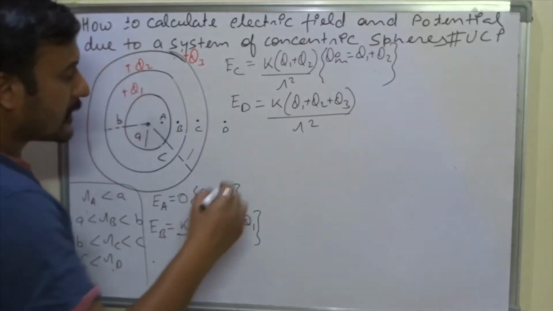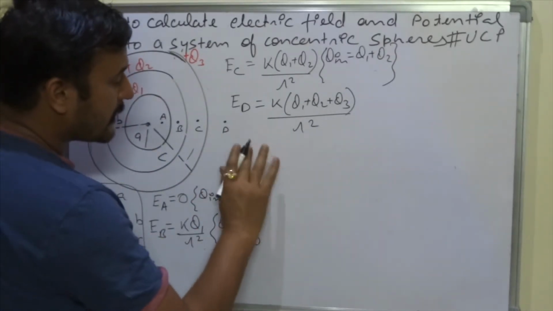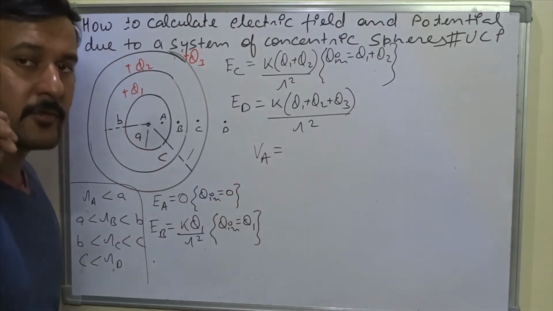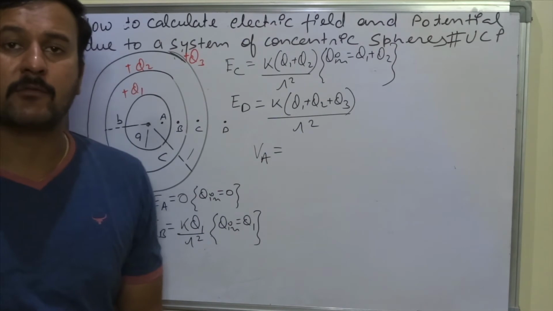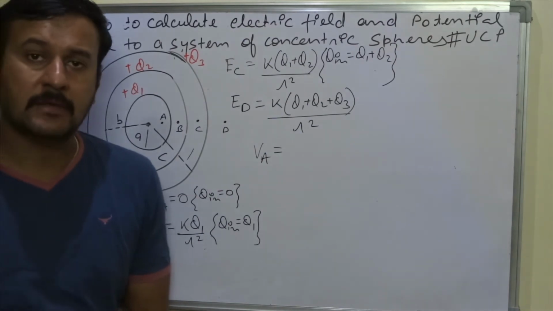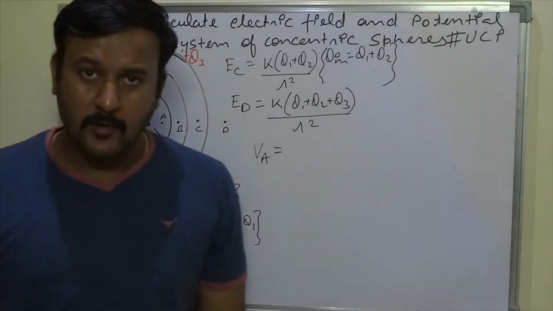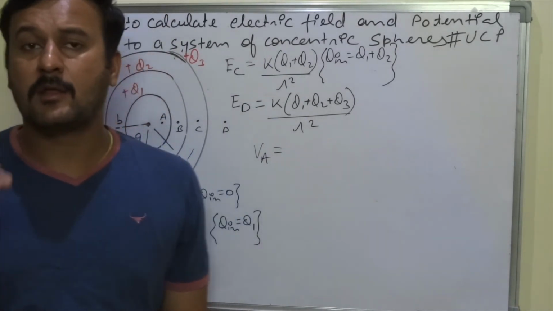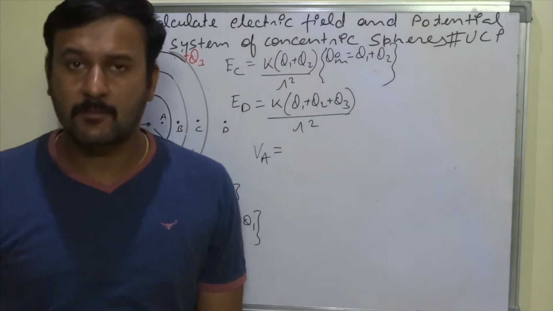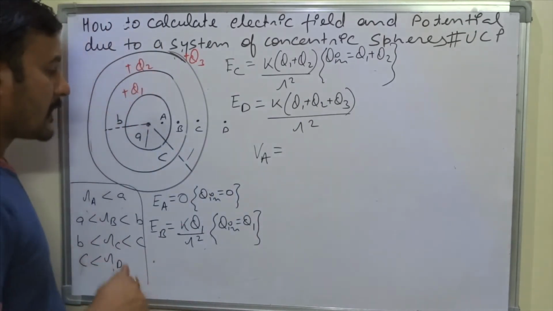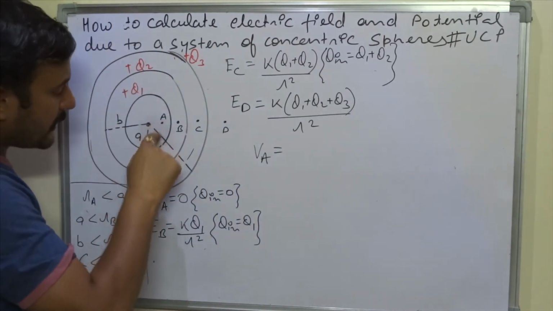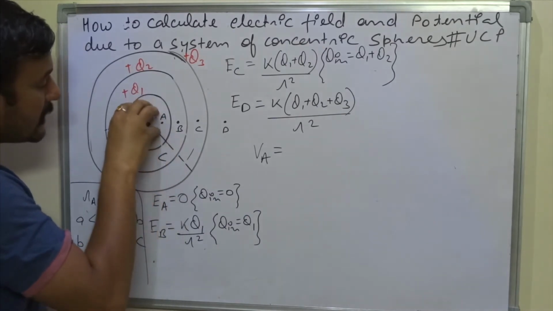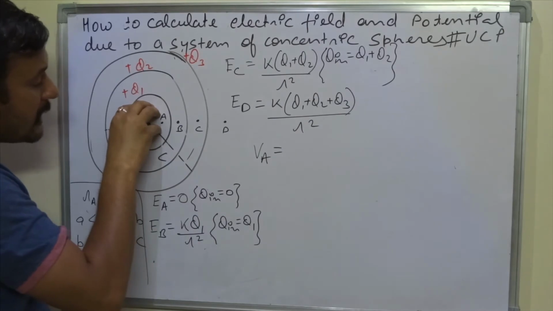For example, at point A, VA. We have to see whether the point at which we are writing the potential has any sphere inside it, or whether all the spheres are outside that point. What I mean to say is, if we draw a sphere of radius RA, it does not contain any sphere inside it.